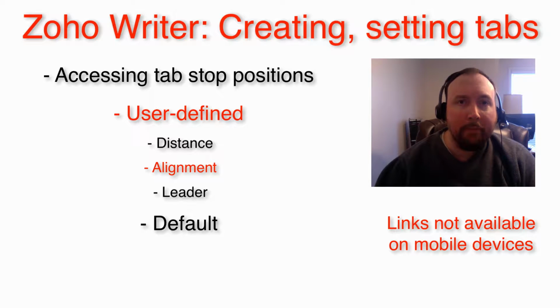Accessing the tab stop positions dialog, user defined, and then sections that cover the three settings in user defined: distance, alignment, leader. And finally, there's a section for default tab stops.